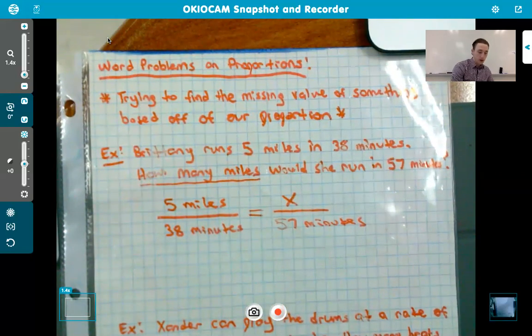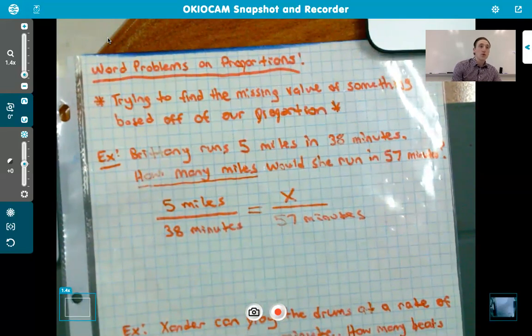Okay. So we know that she runs 5 miles in 38 minutes. We're trying to find the total distance that she's going to be able to run in 57 minutes, given this proportion. So remember back to earlier this week when we were talking about how to solve proportions and do what's called cross multiplying. We're going to go through the same process here to find that missing variable in our numerator.